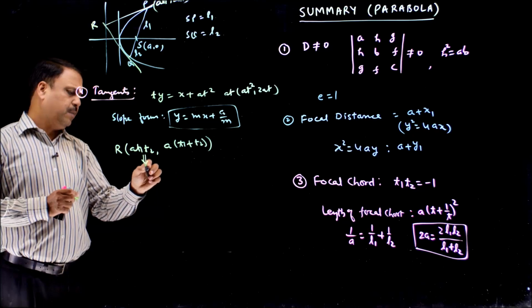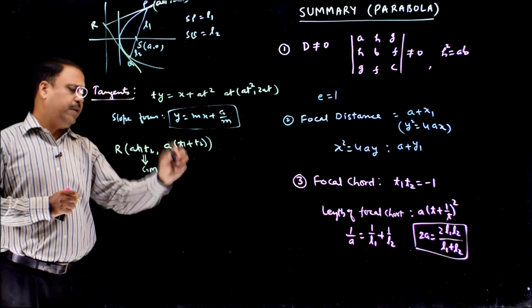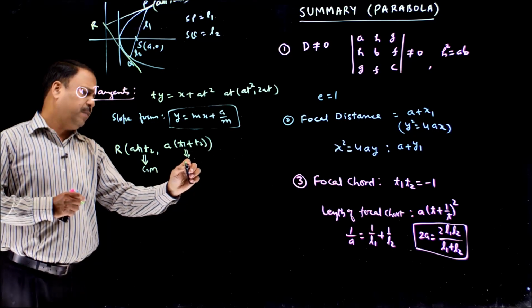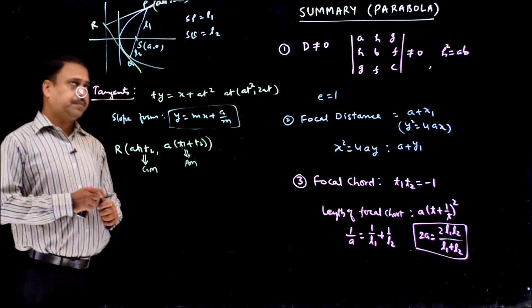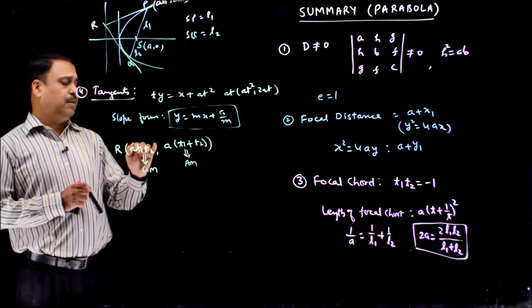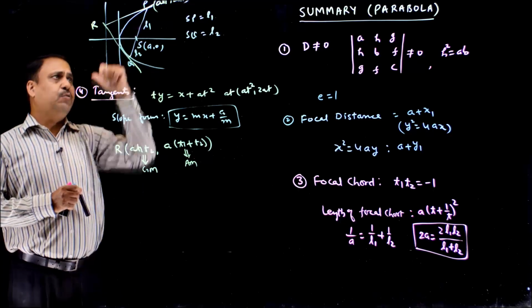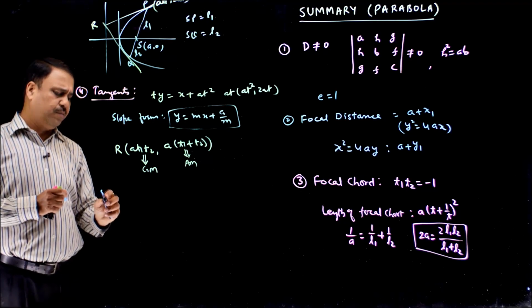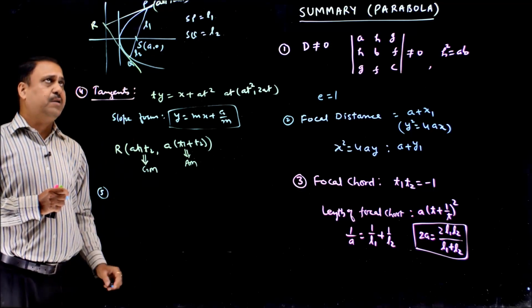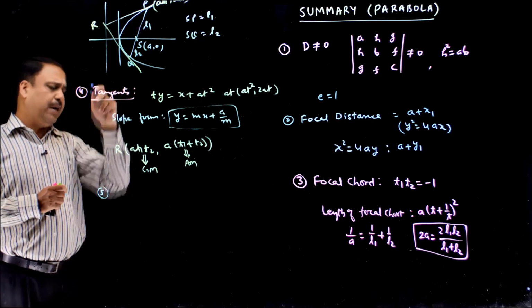This is nothing but the geometric mean of their x coordinates, and this is the arithmetic mean of their y coordinates. Now you can imagine here, if PQ is a focal chord, then t1 t2 will be minus 1. So this x coordinate will be minus a.